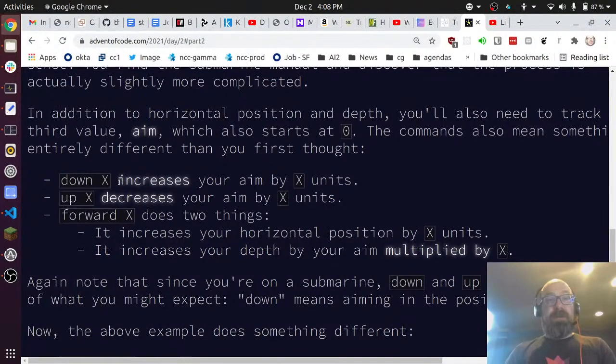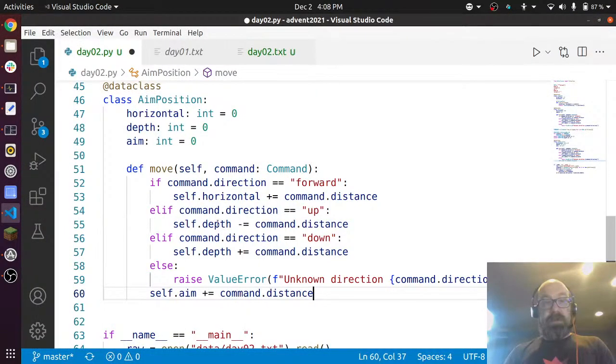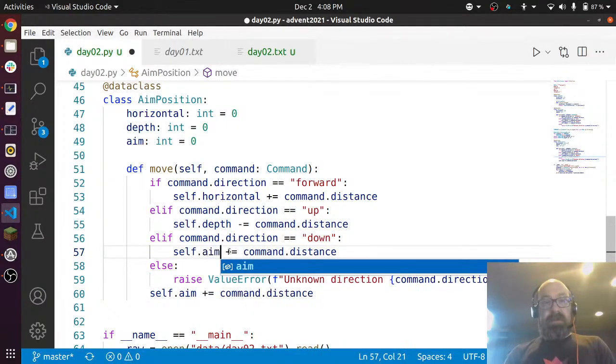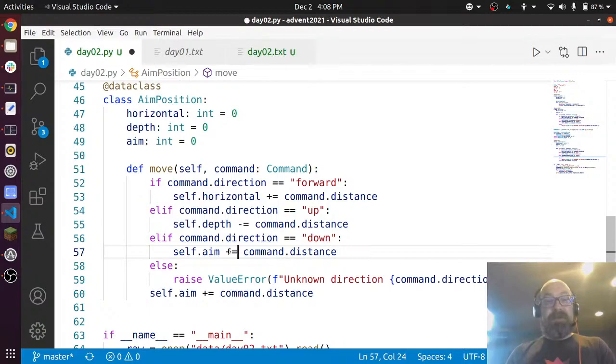Okay, down x increases your aim by x units. So down is self.aim plus equals command.distance, and up is self.aim minus equals command.distance.